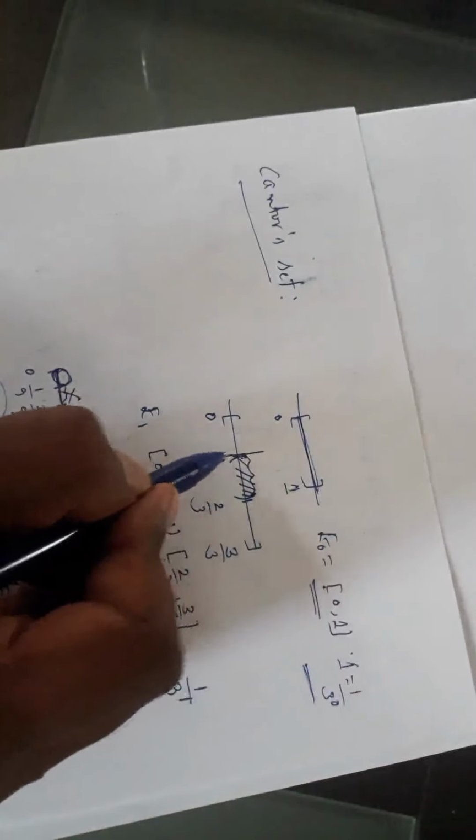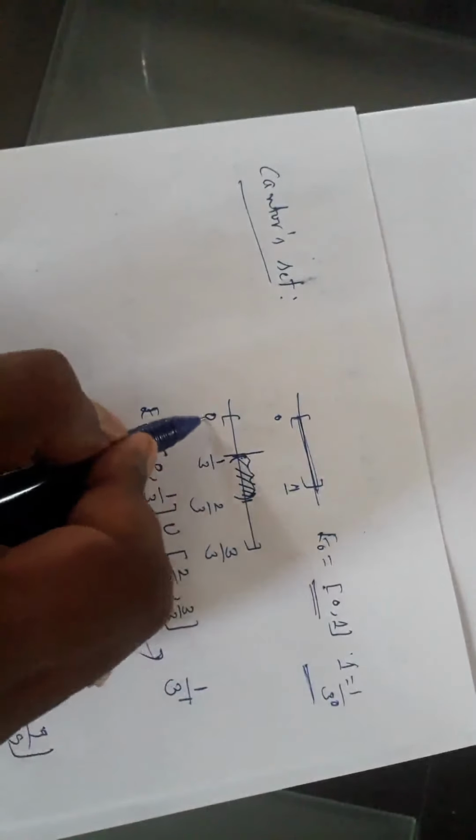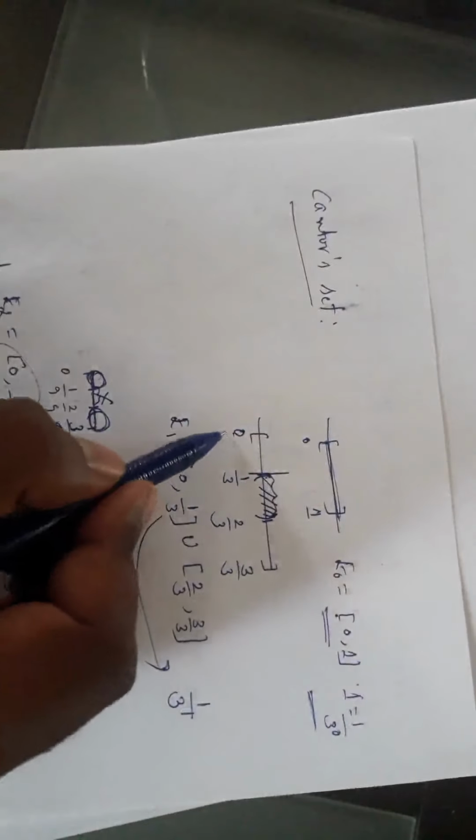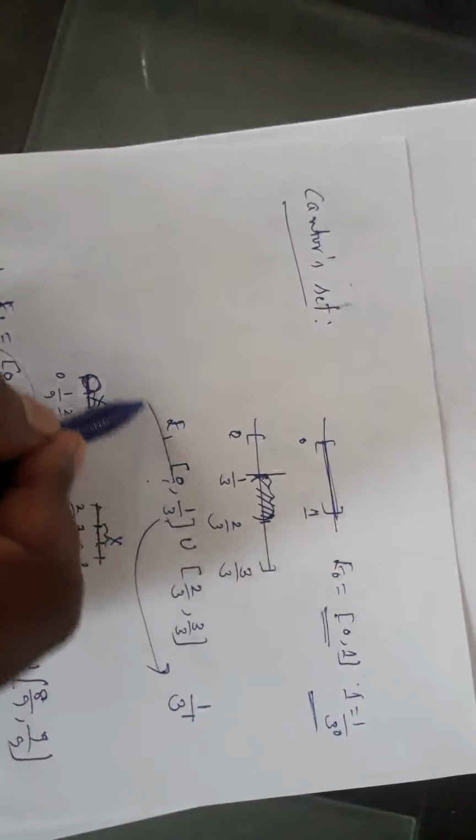See, P cannot be empty. Why? E0 you started with 0 to 1, then you cut it, 0 to 1 by 3. Where is 0? Again, whether it appeared in E1, E1 is 0 to 1 by 3. Whether 0 appeared in E2, yes, exactly.